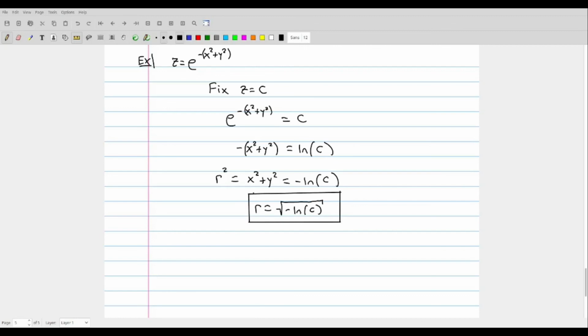What's nice about this method is that looking for the level curves of a function of two variables directly gives you the actual range of the function, because the range of the function is all the values that can be hit by the function. These are all possible values of c for our function.